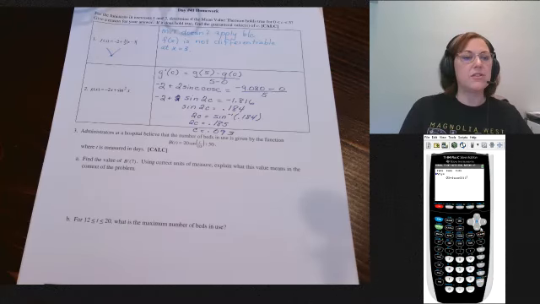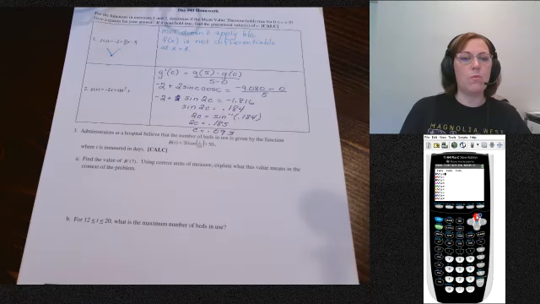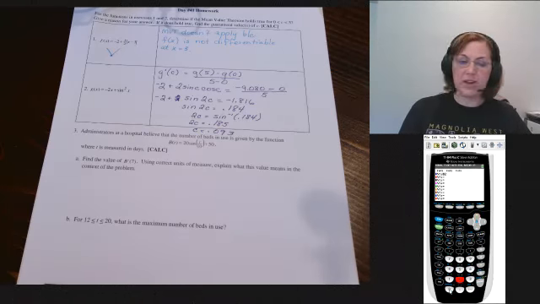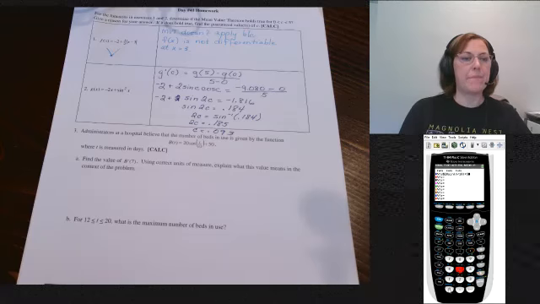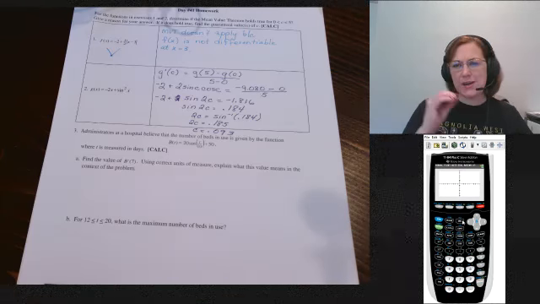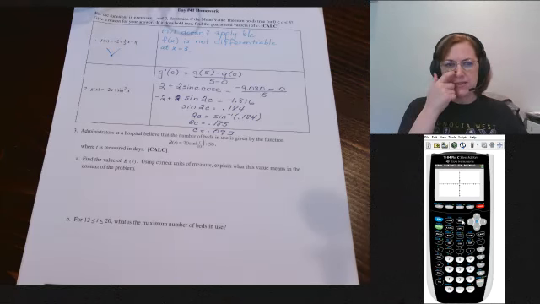So I'm going to go ahead and put this function in y1. I've got 20 sine of x divided by 10, then close, plus 50. And then we want to graph that. I already knew I had a Zoom 6 window as standard window, so I'm going to leave it like that.